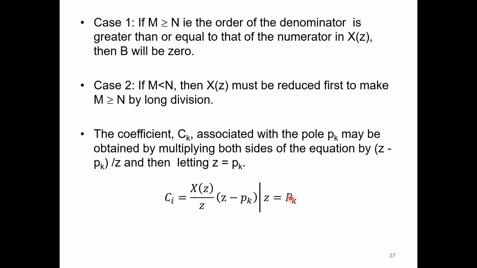It's out there on the web, or you can prove it yourself. I don't want to do it here, taking time. I don't remember whether I worked it out with you last semester. But anyway, it's a pretty simple, straightforward method. In a few steps, you can work it out. So all of the C's can be calculated like this.